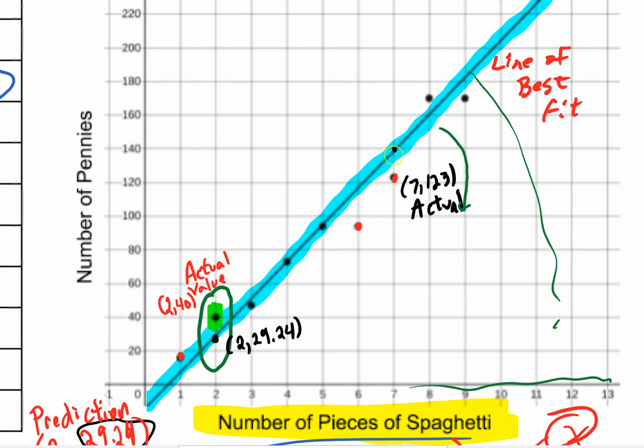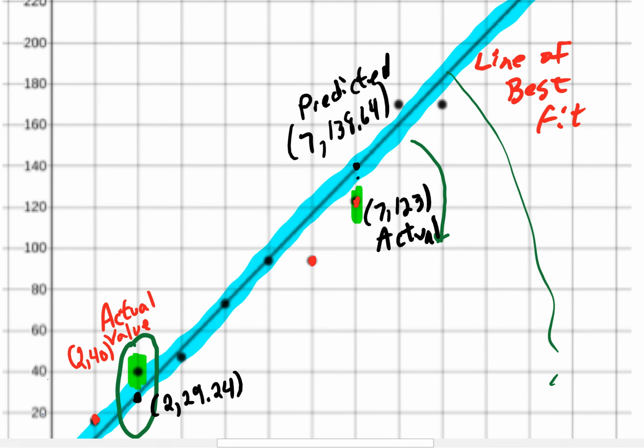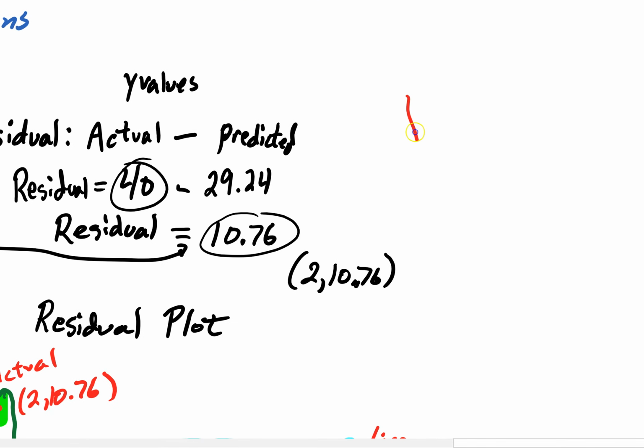So, this point right here is 7, 138.64. This is your predicted point, or your predicted value of 138.64. Well, what are we seeing? You've got your actual point, I'm going to make that in green right here. And we could try to find our residual. Let's do that real quickly.